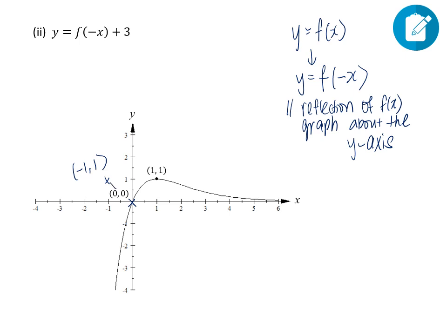So let me do a dotted sketch of this transformed graph. Subsequently, to reach the graph that they require us to produce, we would then need to add 3 to the f(x) function, which really just means also a translation.